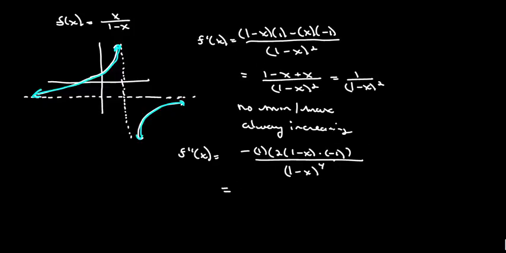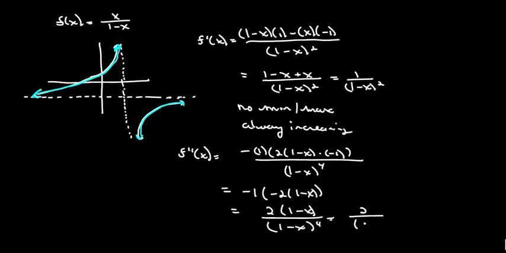So this ugly mess in here, let me work on my inside first. This is going to be 2 times this times -1, which is -2 times 1 minus x. So that'll be a total of +2 times 1 minus x over 1 minus x to the 4th. So this will give me 2 over 1 minus x to the 3rd.